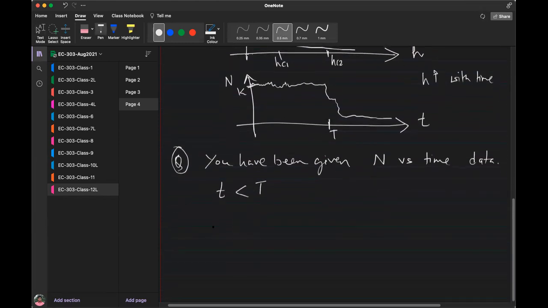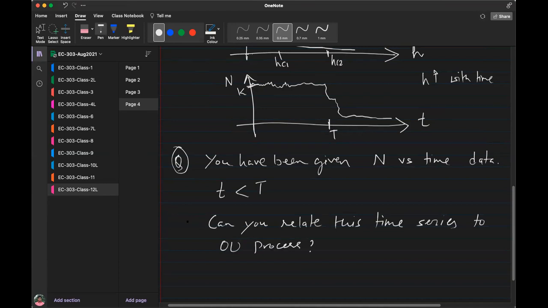So the question I am asking you is, can you compute something? Can you relate this time series to an OU process? That's the first question.